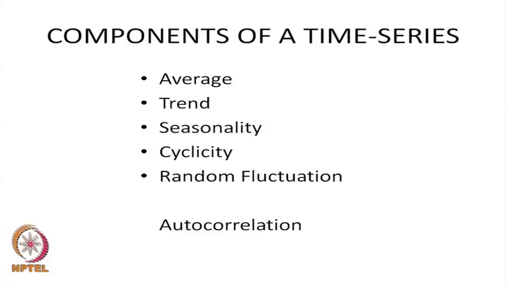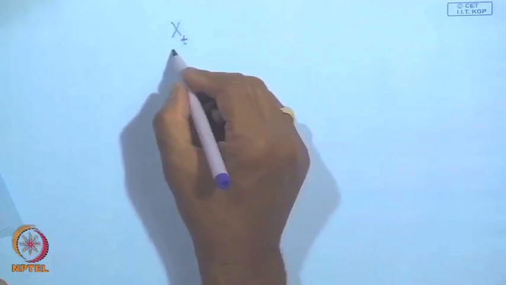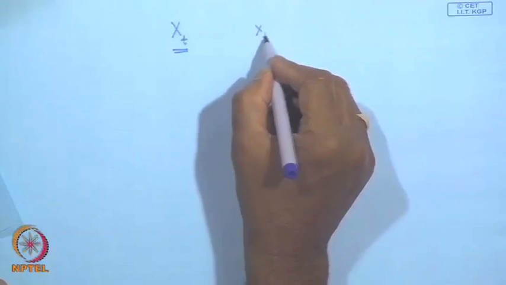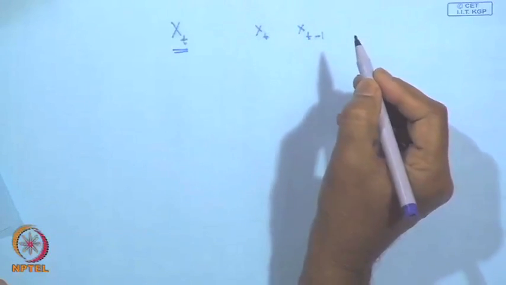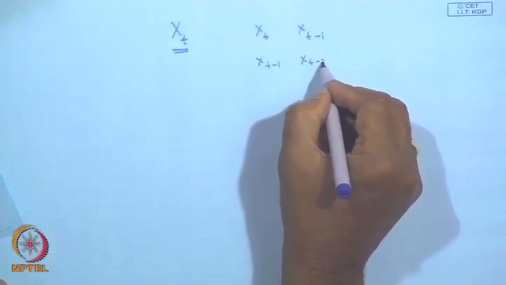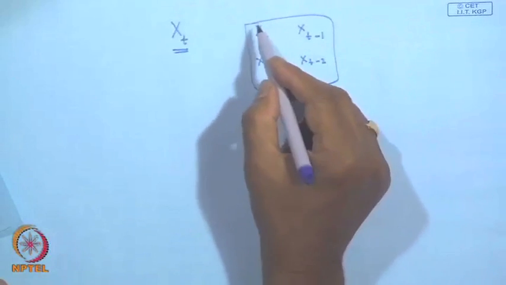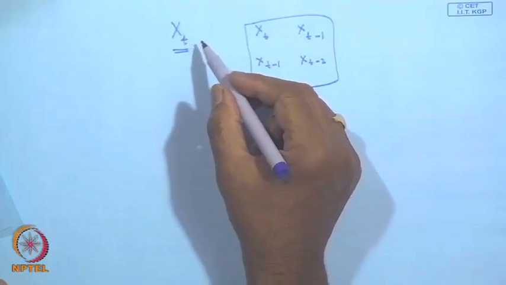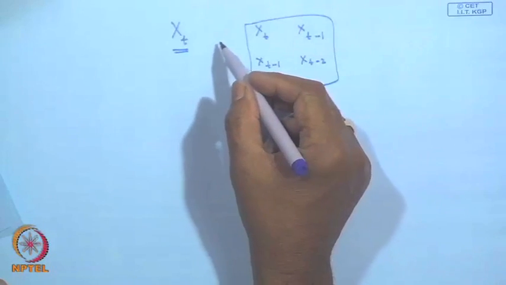And autocorrelation: since we are dealing with only one variable x t, we can find how x t is related to its lagged variable x t minus 1, how x t minus 1 is related with x t minus 2, etc. This is called autocorrelation, and with the help of autocorrelation studies, we can find out whether trend is present, seasonality is present.